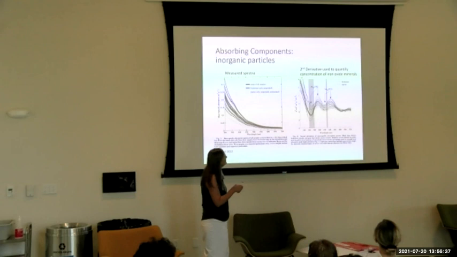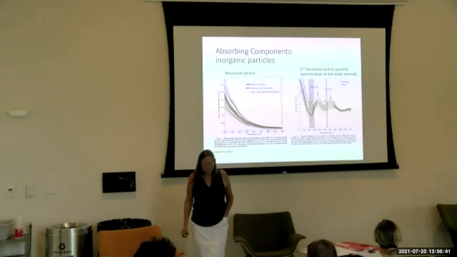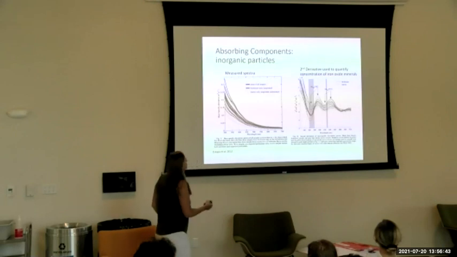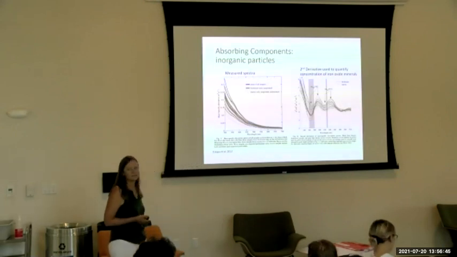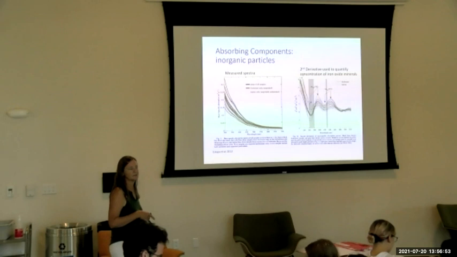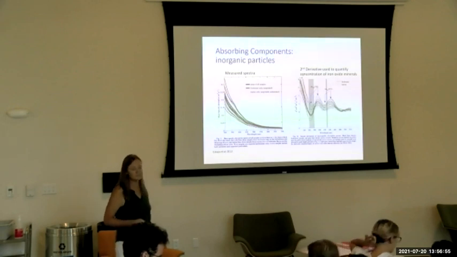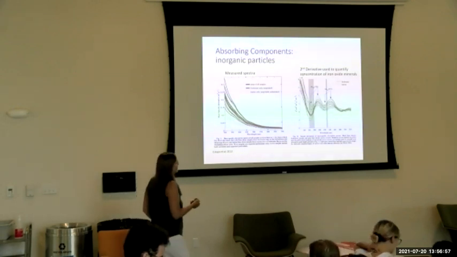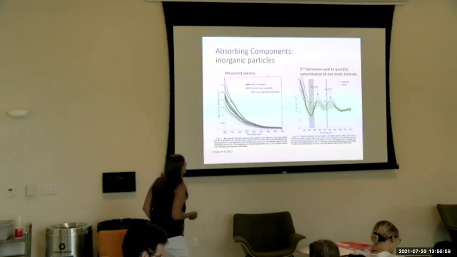You could use the magnitude of the peaks in the second derivative, and it turns out it's related to the concentration of iron oxide. So again, taking something that causes variability and using that to provide you with a method to estimate the concentration of something that's really difficult to measure. If you want to talk to Meg more about that work, it was really excellent work.